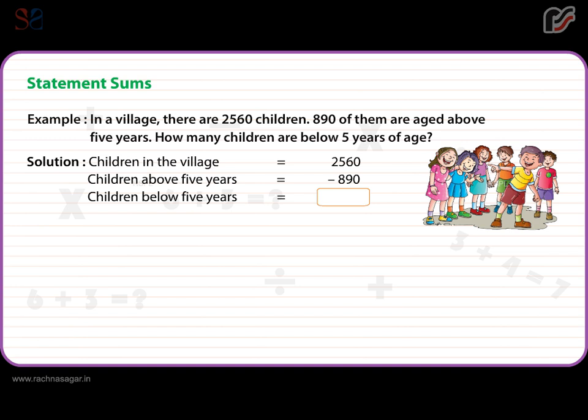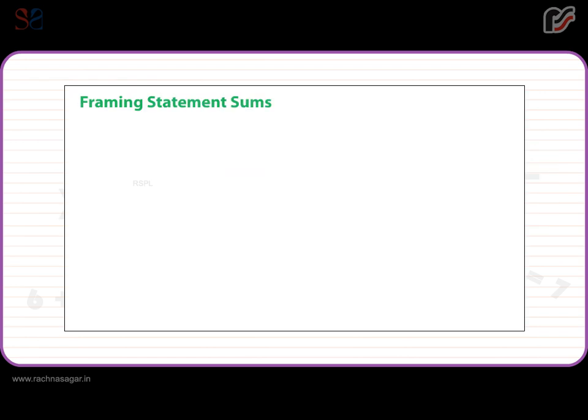Children above 5 years is equal to 890. Children below 5 years, 2,560 minus 890 is equal to 1,670. Thus, there are 1,670 children below 5 years of age.